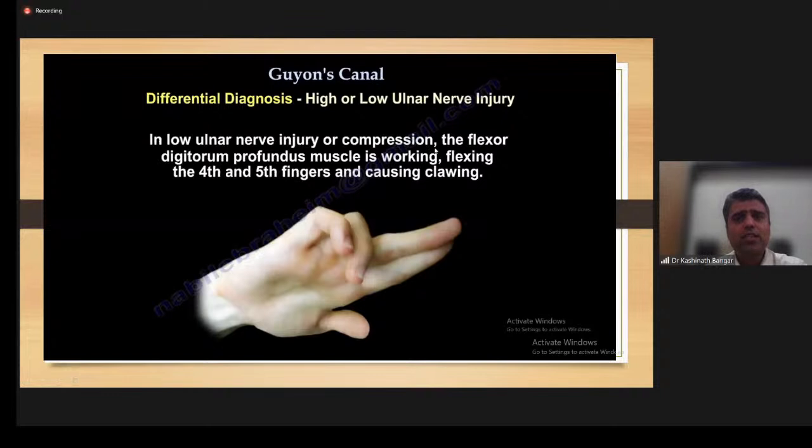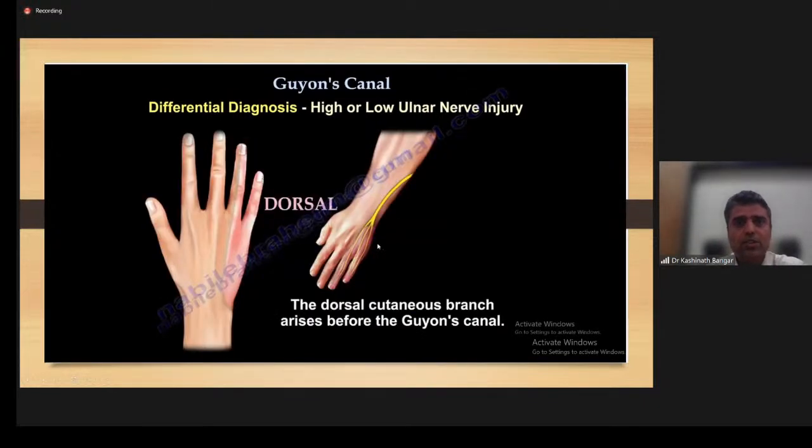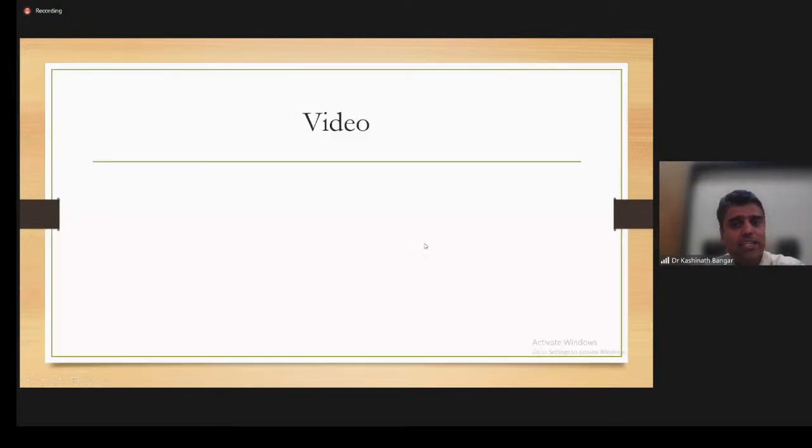In a low ulnar injury or compression, the flexor digitorum profundus muscle is working, so it flexes the fourth and fifth fingers, causing the clawing. We see the FDP medial half is supplied in the forearm. Again, the dorsal cutaneous branch arises before the Guyon's canal. So if the compression is at the Guyon's canal, this sensory supply will be intact.